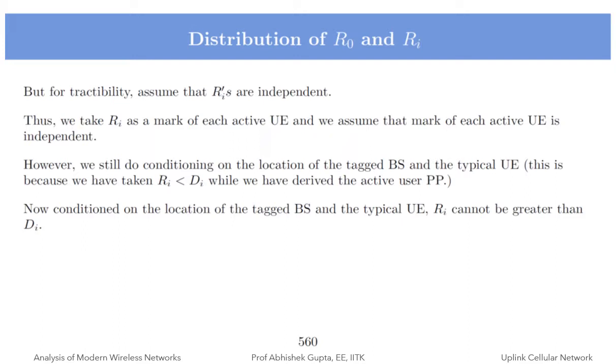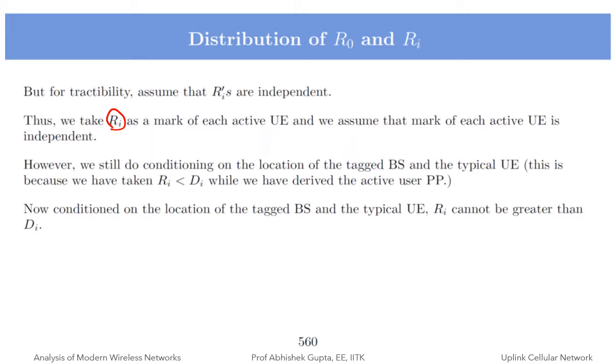So what we do is we take Ri as a mark of each user i, and we assume this mark is independent, but we keep the distribution the same as the distribution we have computed. It means we are removing the conditioning between R1 and R2 and assuming that base station 1 has mark R1, base station 2 has mark R2, which are independent copies of R1, R2.